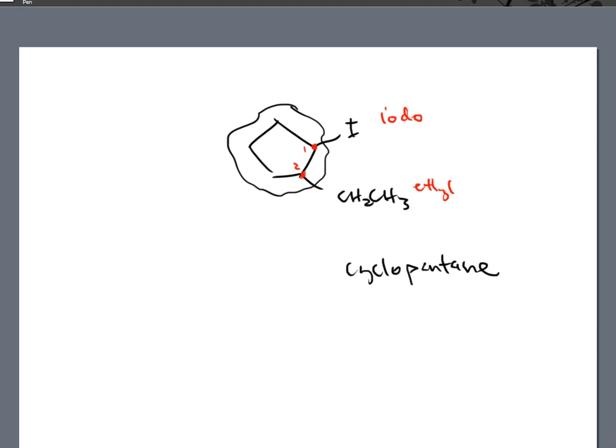Alphabetizing, E comes before I, so I would write down ethyl, and then iodo. At spot number 1, I see the iodo, and at spot number 2, I see the ethyl group. So the proper name of this compound needs to be 2-ethyl-1-iodocyclopentane.